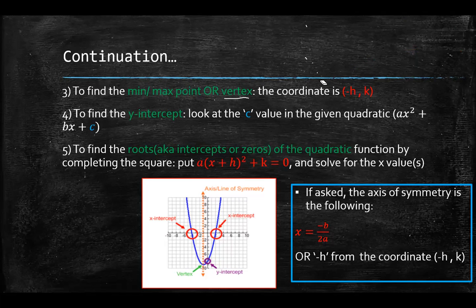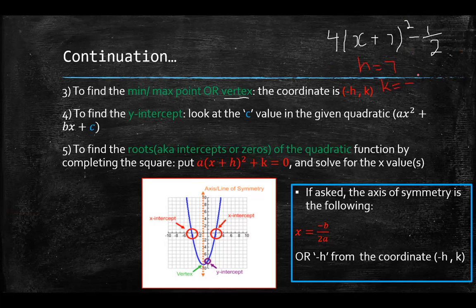Let me do one more just to make sure. Say in the first part, just like we saw in 2A part 1, it was 4(x plus 7) squared minus a half. Can anybody tell me what h is and what k is in this case? h is 7 and k is negative a half.